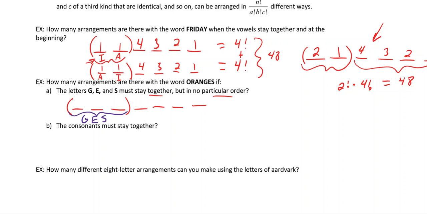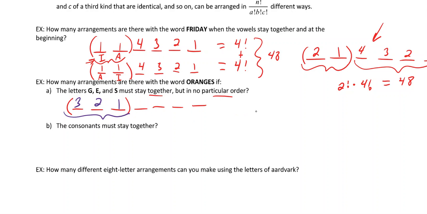If I'm looking at that group, in this first spot there could be 3: a G, an E, or an S. In the second spot there are only 2 now, and then 1, right? Same as before. But here's the difference. In this question, we can imagine this group as another thing that's able to move, like another blank. I'll just draw it.